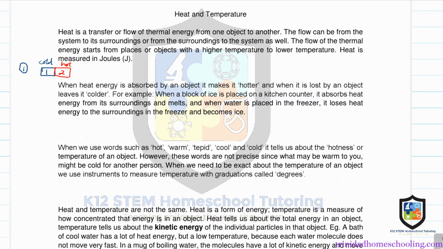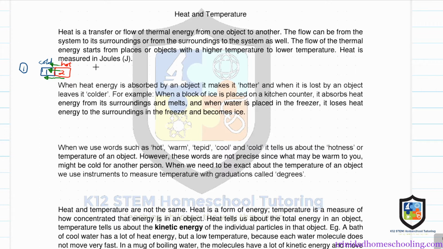What we are saying is that the heat or the thermal energy is going to move from the hot object to the colder object. So it will move that way. The heat will move that way, from the hot to the cold. And this is when we have two bodies. Okay, one object to another.